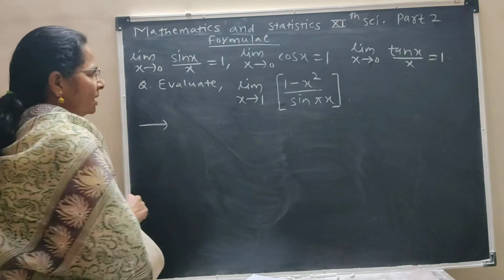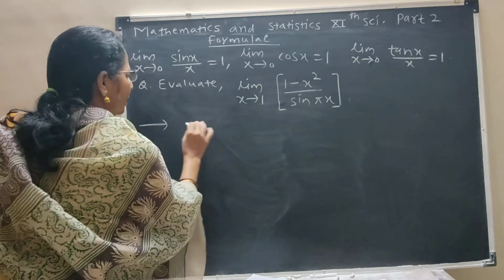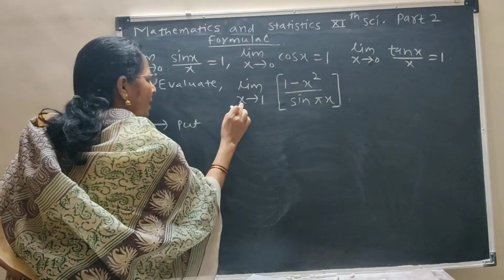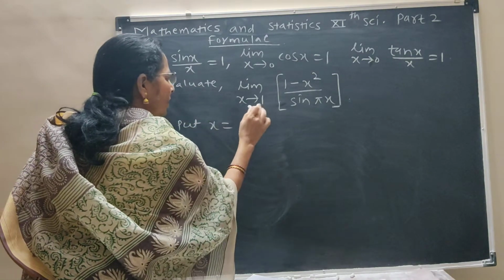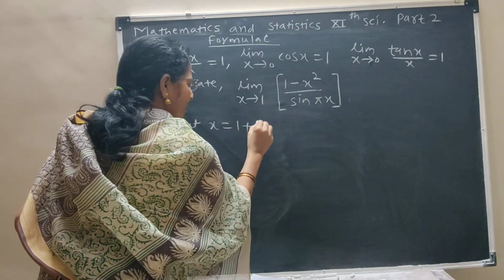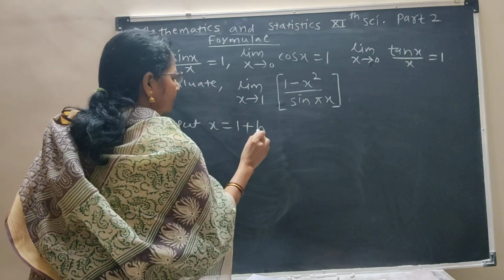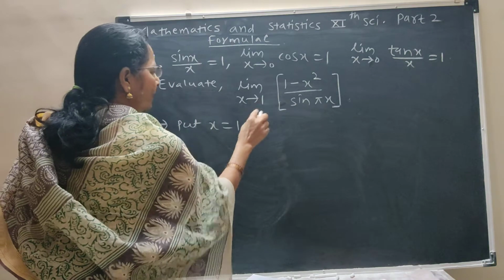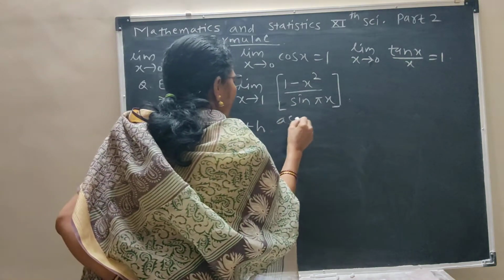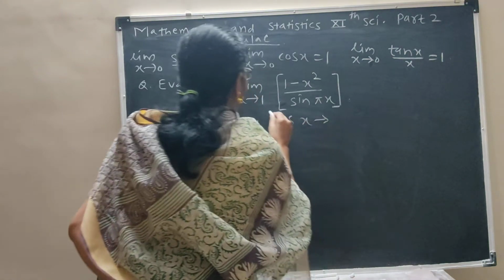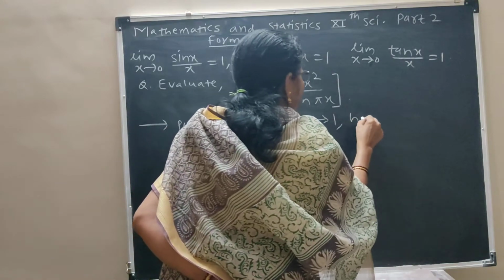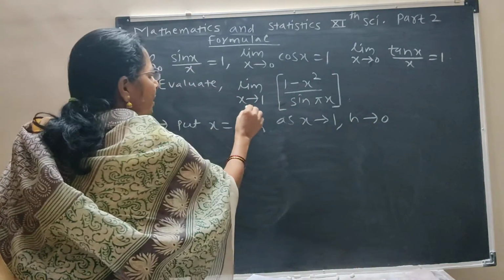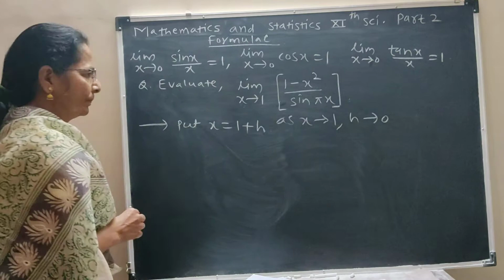This question is solved by the substitution method. Put x equal to 1 plus h. As x tends to 1, h tends to 0.